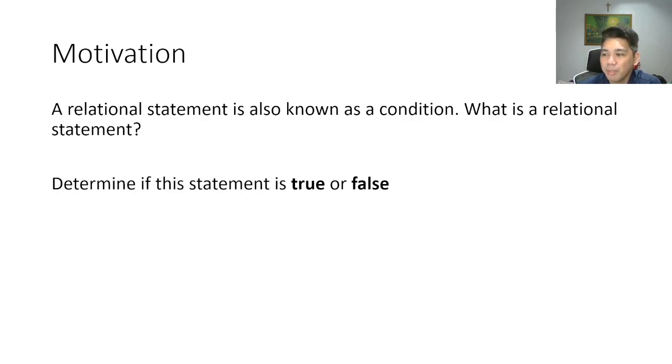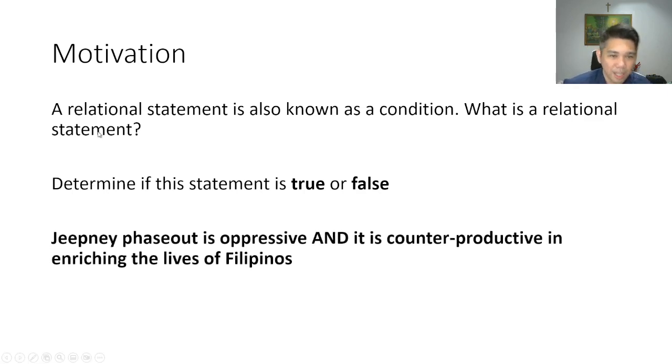Now let's determine if this statement is true or false. Now this is using English again as a foundation. Let me read. Jeepney phase out is oppressive and it is counterproductive in enriching the lives of Filipinos.